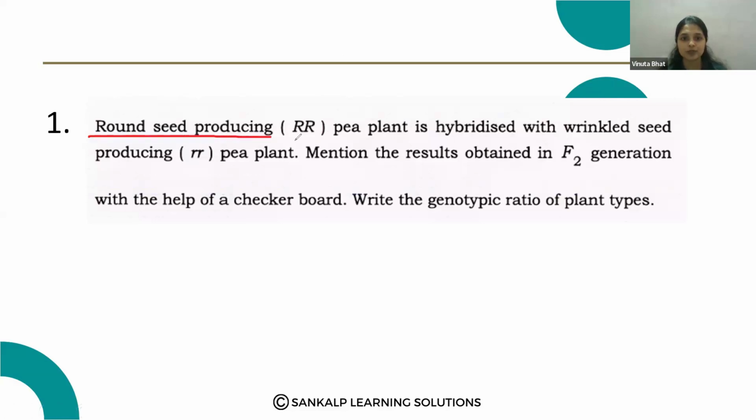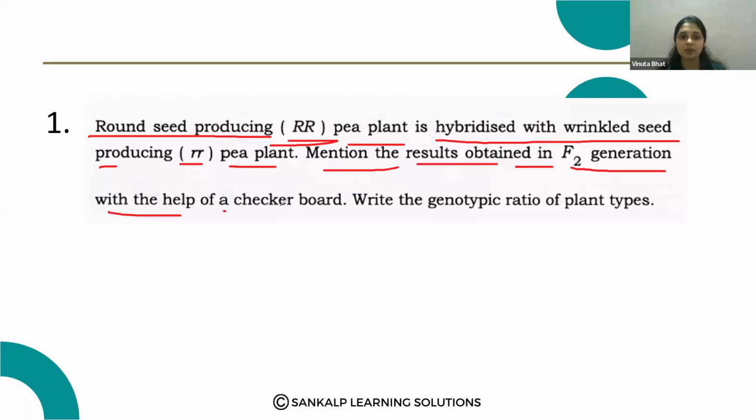A round seed producing RR plant is hybridized with a wrinkled seed producing rr plant. Mention the results obtained in the F2 generation with the help of a checkerboard. Write the genotypic ratio of these plants.